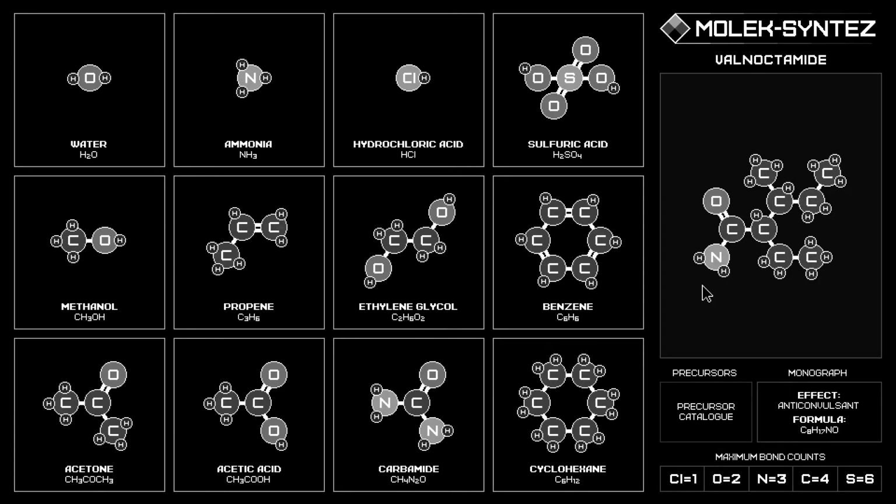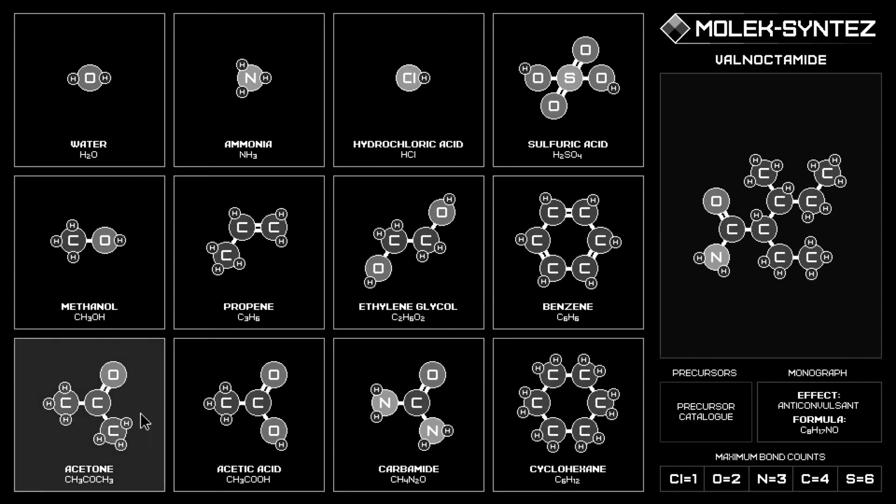And we're looking at either ammonia and acetic acid with a deletion, or like carbamide. No, carbamide's no good at all. Okay, so we're definitely making it with ammonia. And then we want CCO somehow, right?